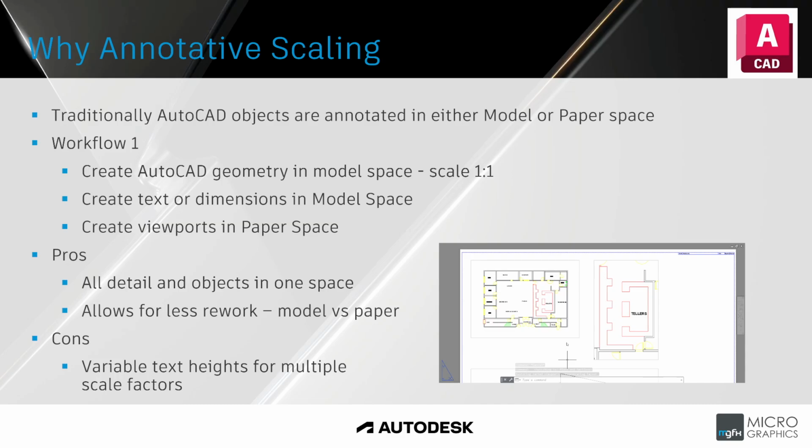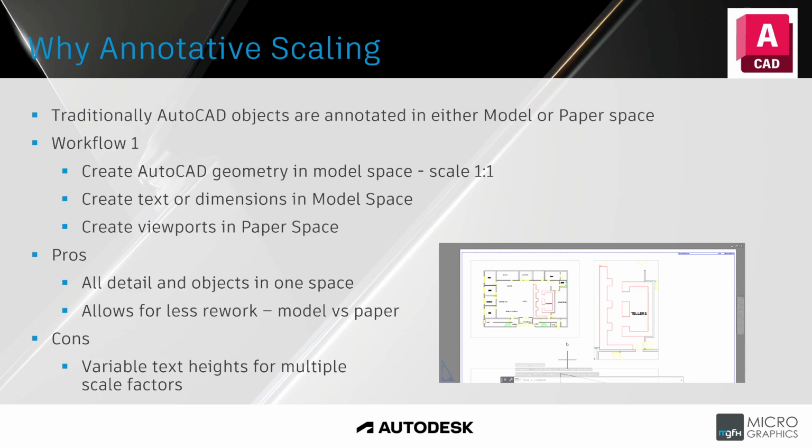So typically in that workflow, you create the AutoCAD geometry in model space 1:1, okay? And then, because we've got this paper space we do all your annotations on, and because you might have a lot of different viewports with the same text but at different scales, you'll create all your text or dimensions in model space.